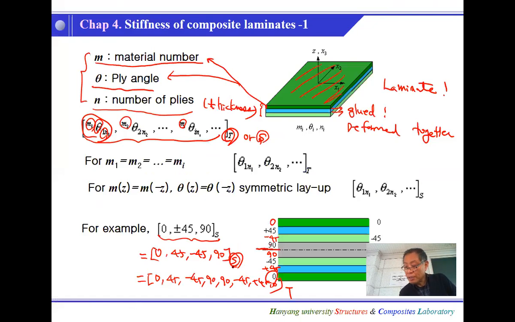Okay, so symmetric is the very typical laminate. Okay, this is the laminate sequence code. Well, instead of a comma, you can also just use a slash.